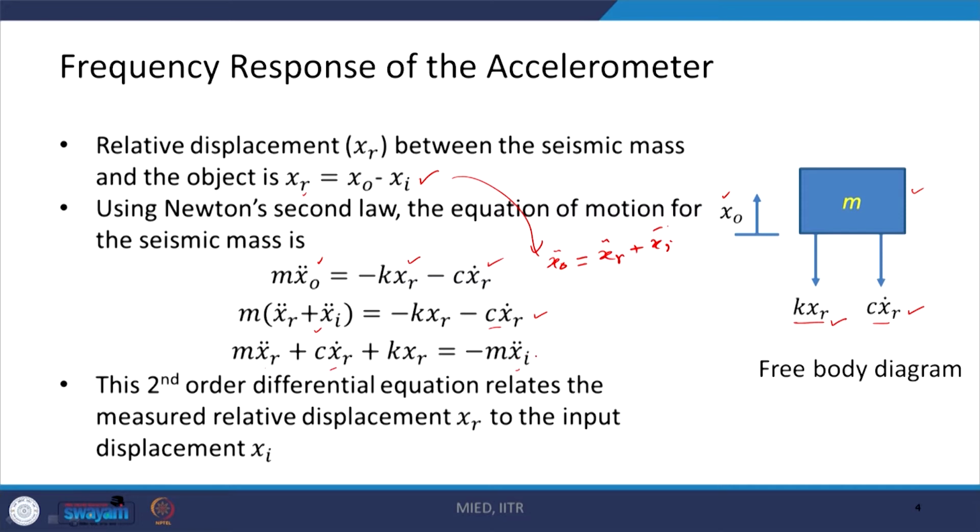Here you can see that on the right hand side I have the expression related to the input, and on the left hand side the expression related to the relative displacement between the seismic mass and the body whose acceleration we are trying to measure. This equation is a second order differential equation which relates the relative displacement xr to the input displacement xi.